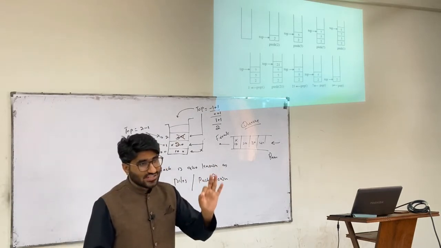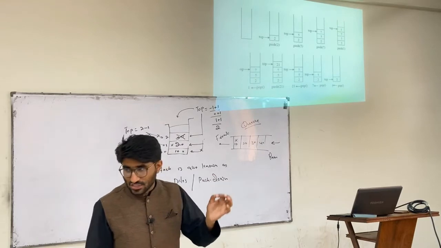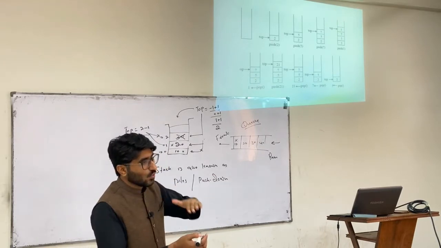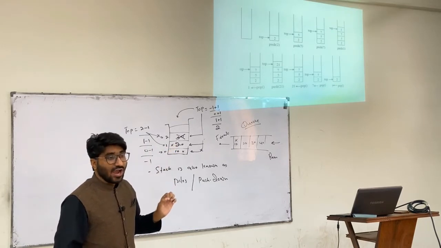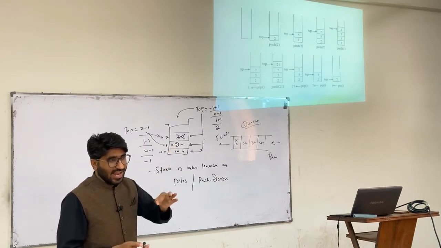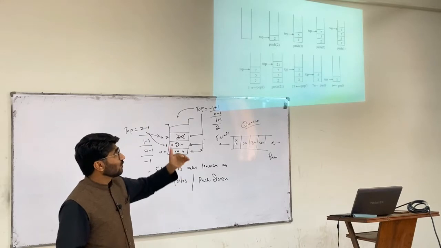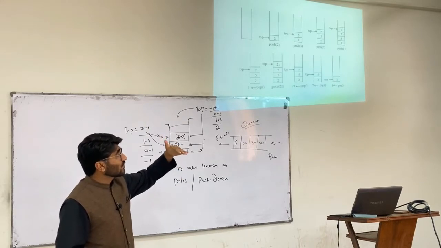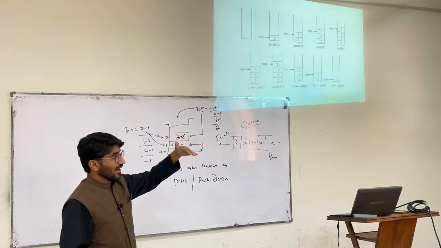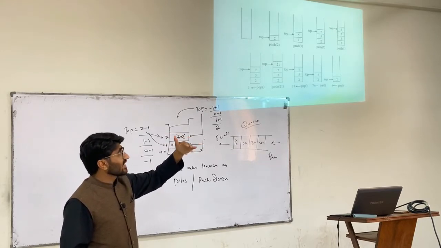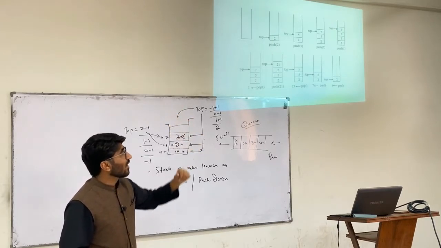So top is pointing to 2. Now this 2 is on top. Now we want to push 5, meaning we want to insert 5. After inserting 5, your top will change. It will point to 5. Then push 7. After inserting the new value 7, the top will change, and so on.